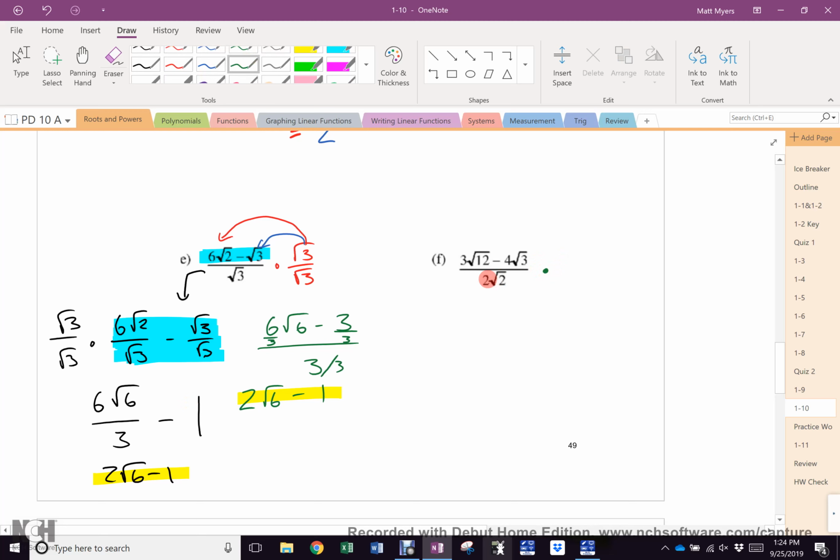The root 2. So we have to get rid of that. We can have a 2 on the bottom, can't we? So we're going to multiply by root 2 over root 2. And then we're going to do the exact same thing we did on this green side, right? Oh, so if there's a root in the denominator's position, you just multiply by the root to get rid of that? If there's a radical in the denominator, then that's what you do.